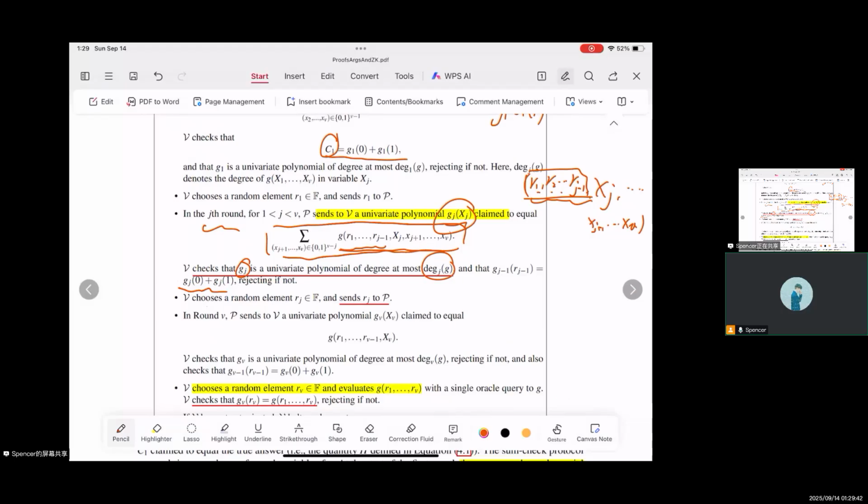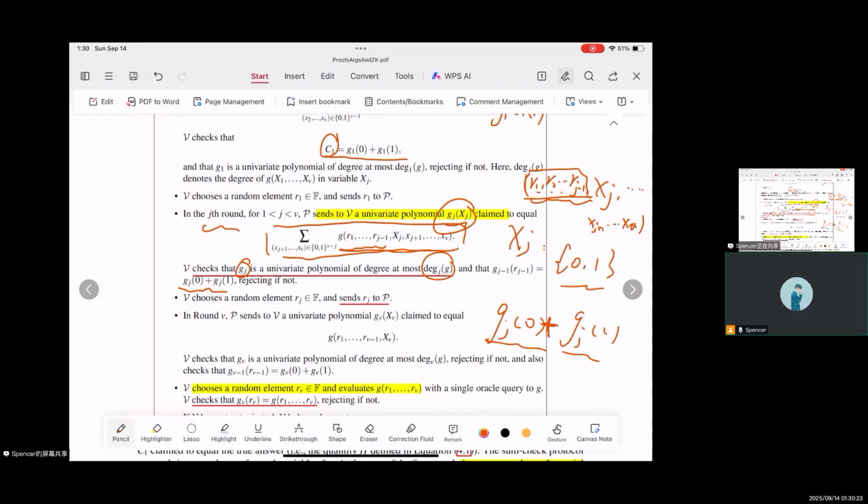It has only one variable, that is xj, and its input should be limited to only two values, 0 and 1, as binary. So the only possible outputs of this univariate polynomial are Gj(0) or Gj(1). So the verifier just adds these two outputs. But what is the result of this sum?